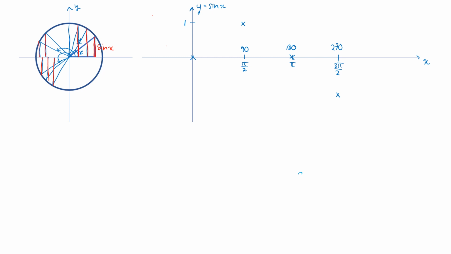And then as we come into the final quadrant, going all the way around, our triangle, as we continue rotating round, is getting smaller and smaller and smaller, and this is the height of the triangle, don't forget, back up to our positive horizontal axis at a full rotation, so 2 pi radians or 360 degrees.